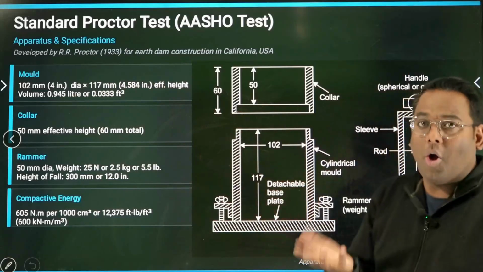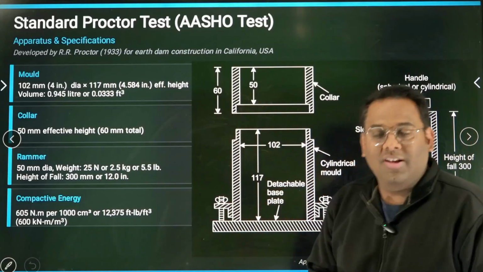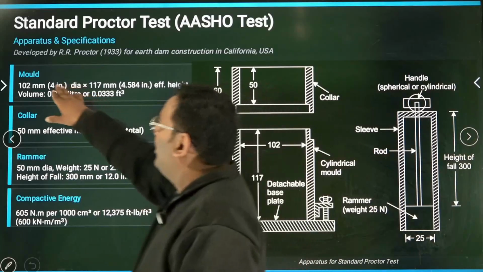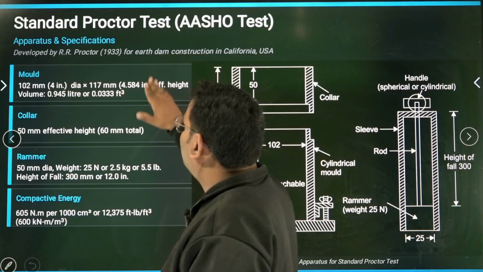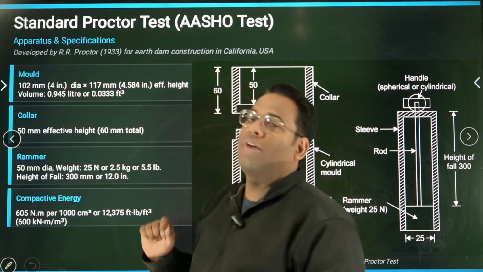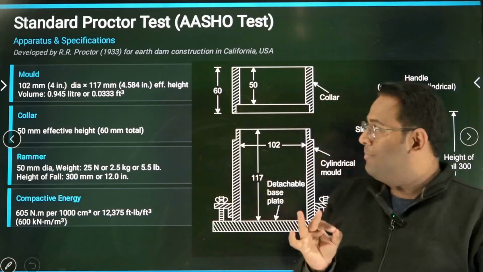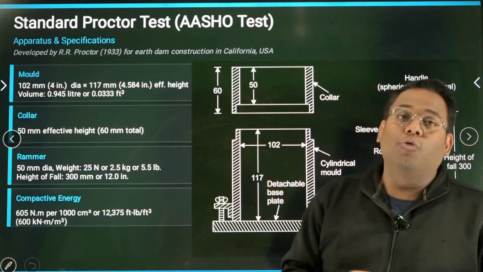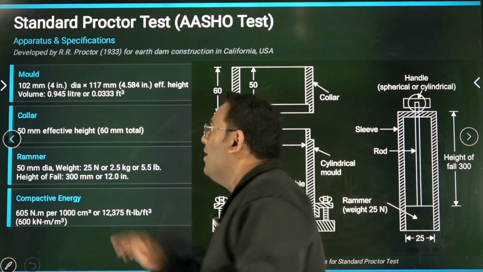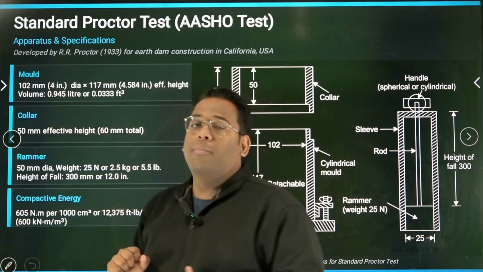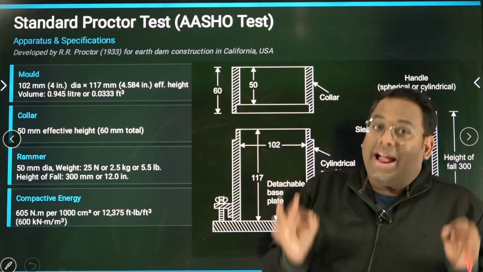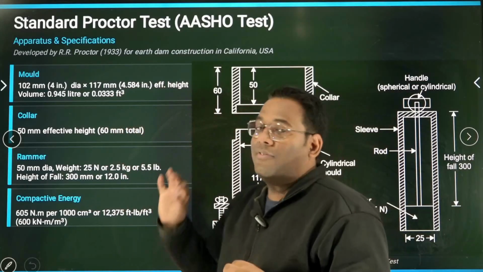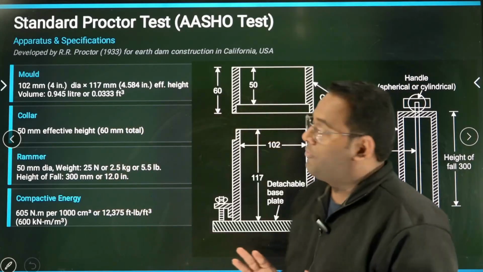You should remember, or at least use, the standard size of mold whose diameter is 4 inch and its height is around 4.584 inch, whereas the values are also given in mm if you want to follow that system. The total volume of the mold is 945 cc, or you can also remember that as 1 by 30th of cubic feet.